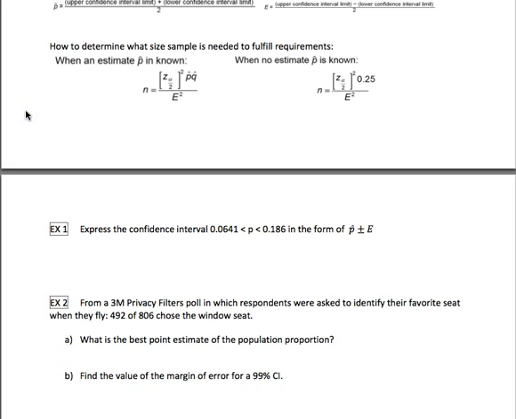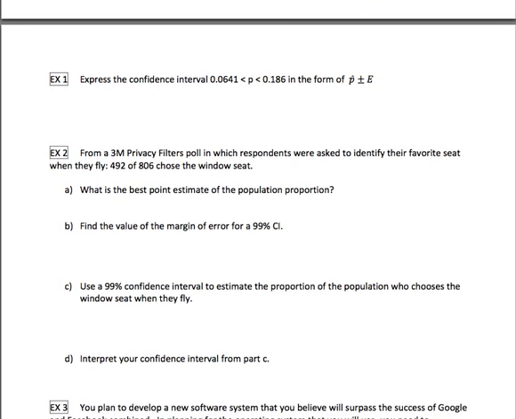So if I know that I want to be 99% confident in my results, then I might have to work backward with this formula to figure out, okay, well then how many people do I have to have in my study? So that's what these guys are for. All right, so let's get to the examples.